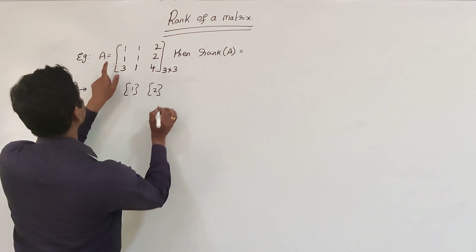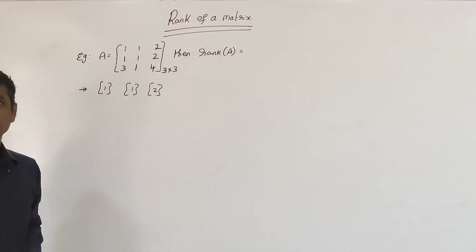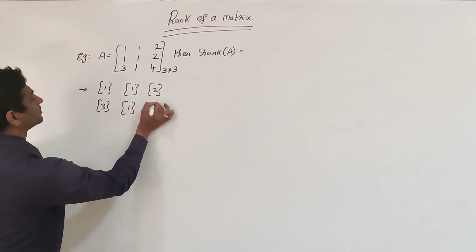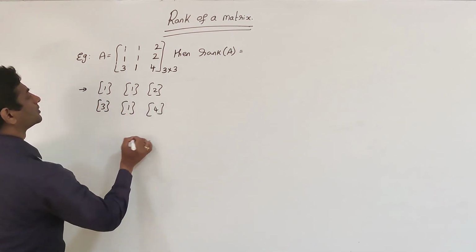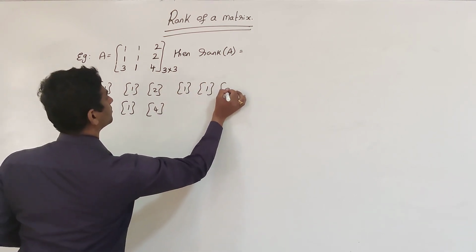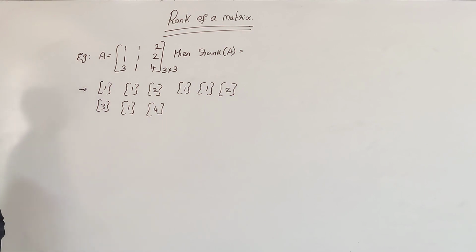Similarly, 1, 1, 2, which we have already written. Next, 3, 1, 4. These are also square submatrices, but they are repeated.